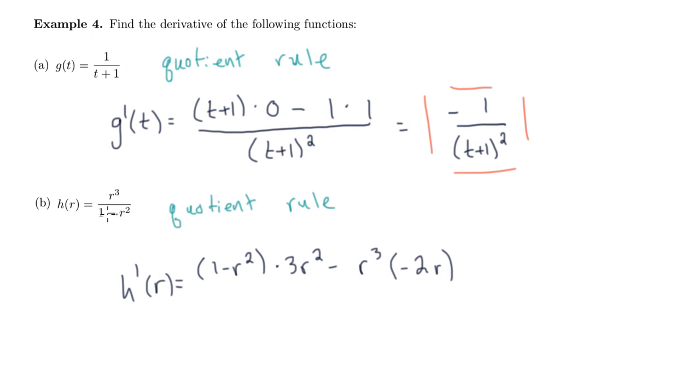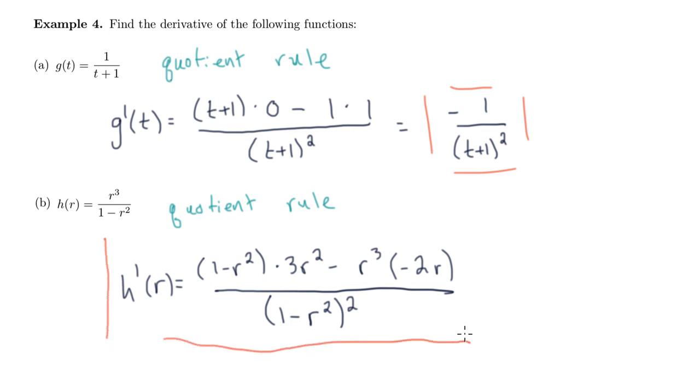So the derivative of the denominator is 0, and then minus derivative of r squared is 2r, all over 1 minus r squared, that whole thing squared. And so we can simplify this if we wanted to, and later it will be helpful to simplify derivatives. But for now, our goal was just to find the derivative of the function, and we're done. We have h prime of r equals something that is the derivative.